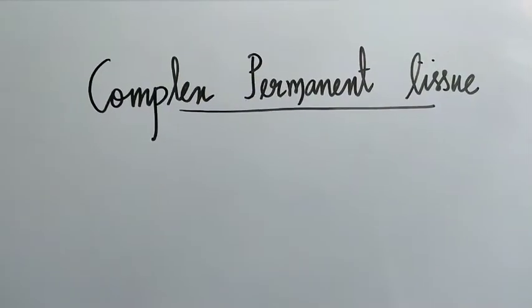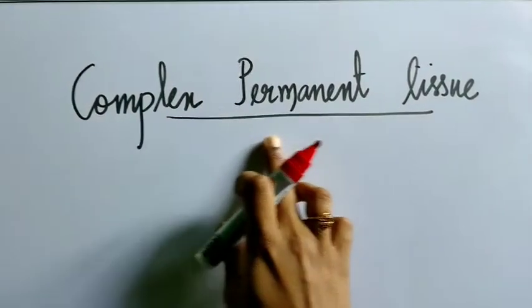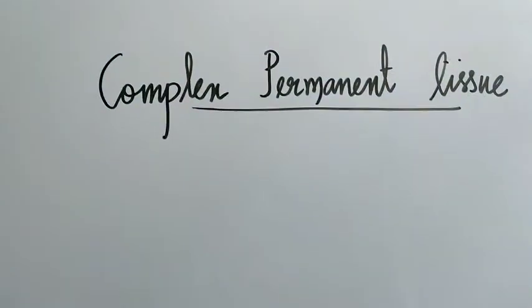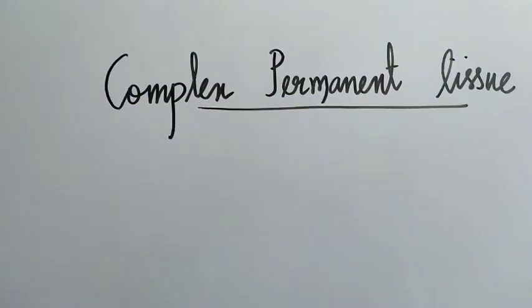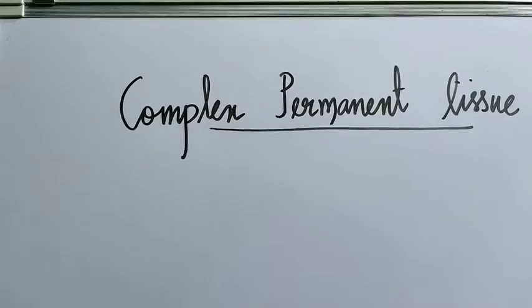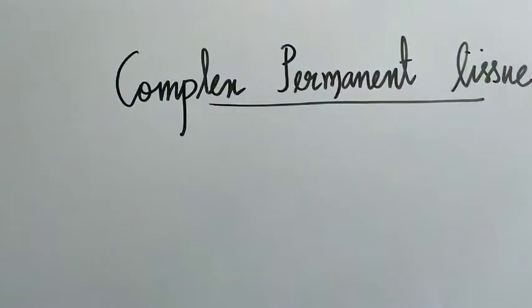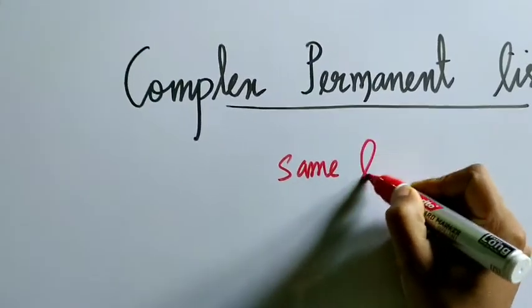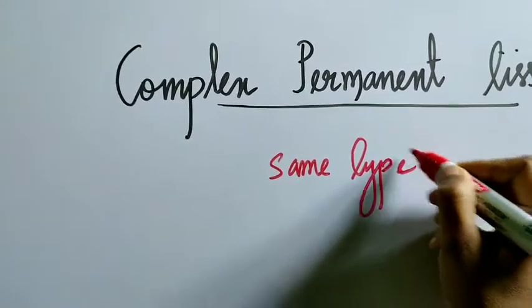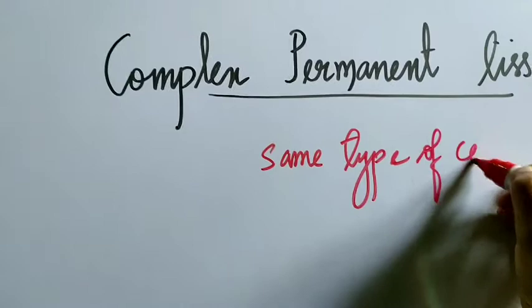Hello children. In today's session, we'll be discussing complex permanent tissues. Last video was about simple permanent tissue, where you came across different types of tissue. But all those tissues were made up of the same type of cells.